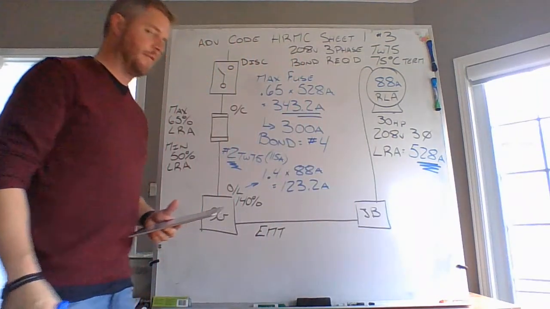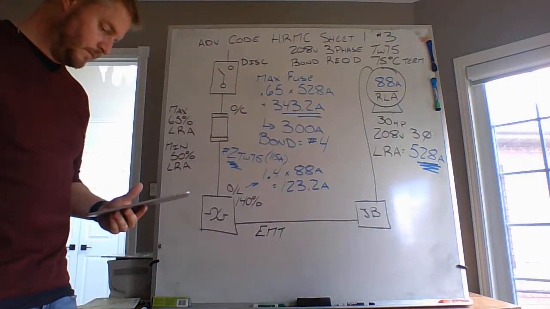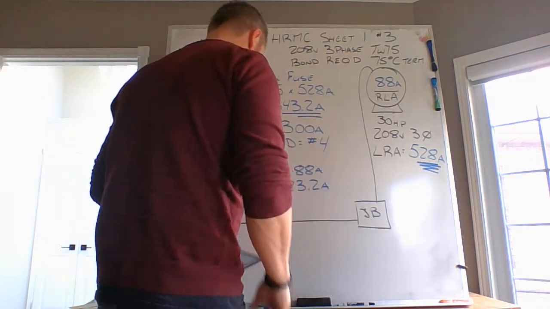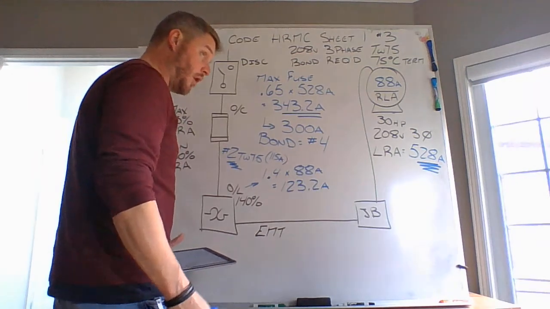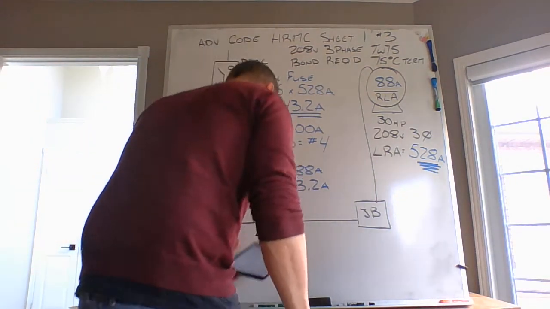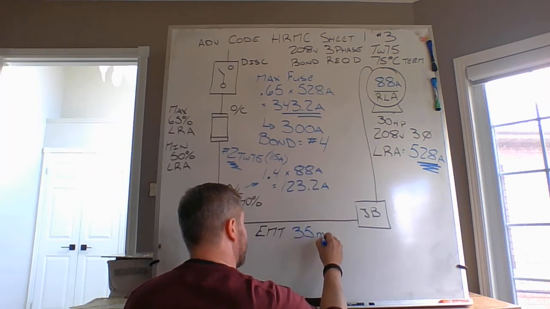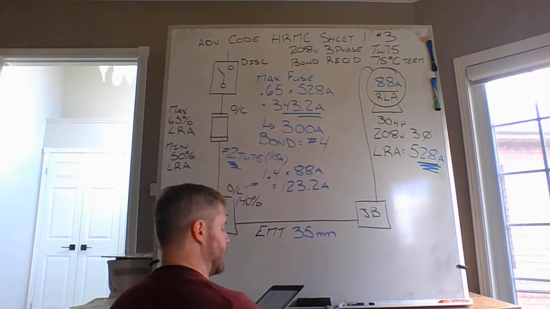A number 4 bond for that. Just like the previous calculation, I'm fully confident in your abilities to do a conduit fill calculation. At that point in time, you should be a 35 millimeter EMT.